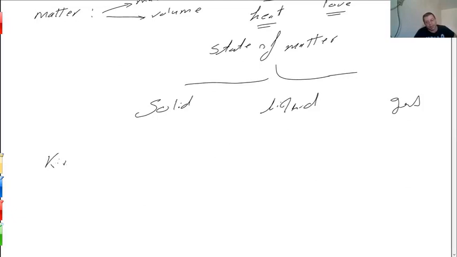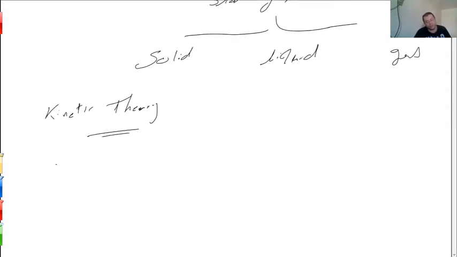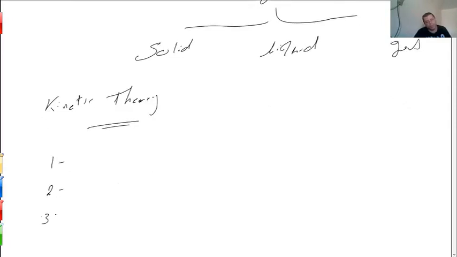The kinetic theory gives us three main assumptions. Those three main assumptions can be applied for all states of matter. First one, you're supposed to know that matter is made of tiny particles, and those particles are known as molecules.